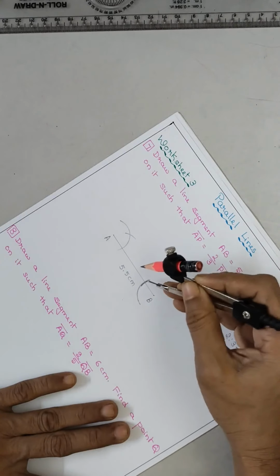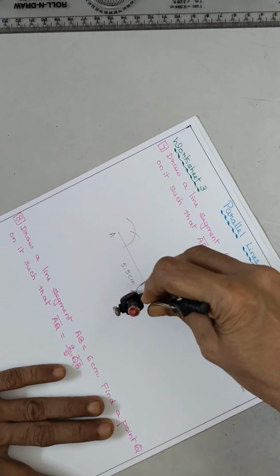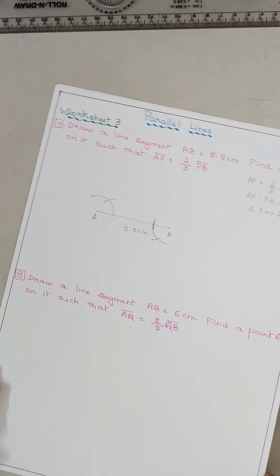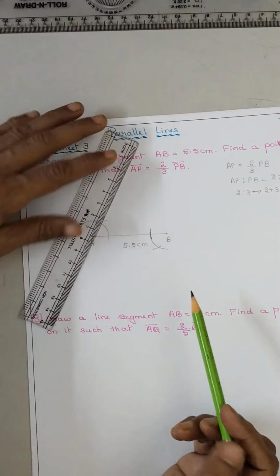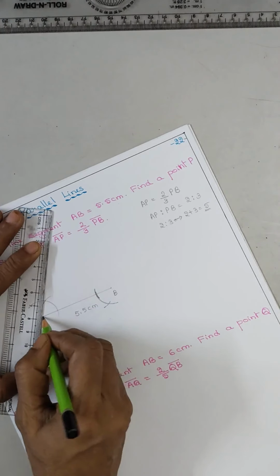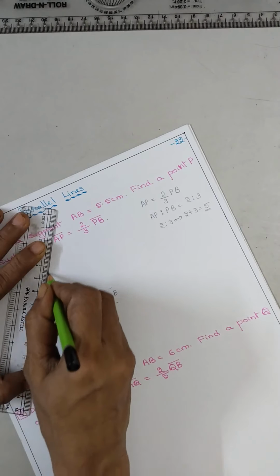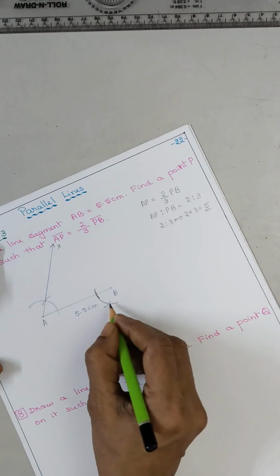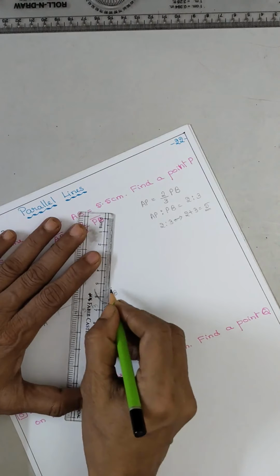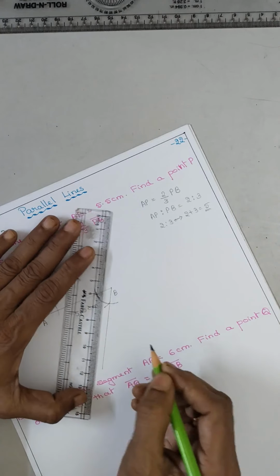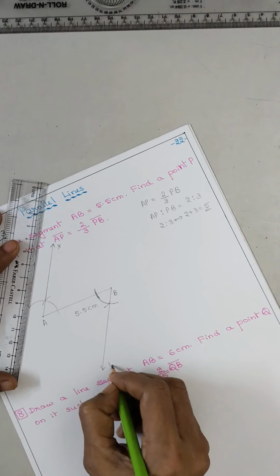Draw the arc, cut. Now join the point with A, it is AX, and this point with B. Remember, you have to be careful.